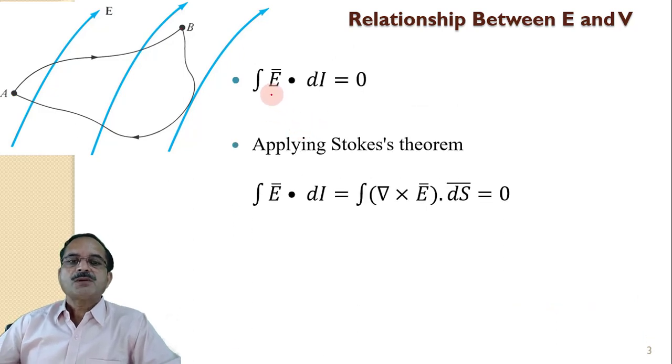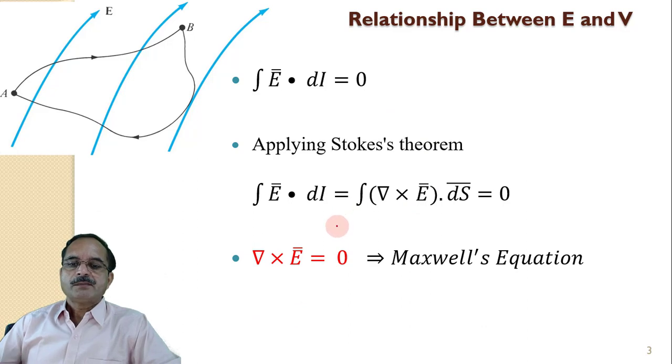Now applying Stokes theorem to this equation, this line integral we can write in terms of a surface integral. So applying Stokes theorem, the line integral of E dot dl is equal to the surface integral of the curl of E dot ds, and that is equal to 0 as per this equation.